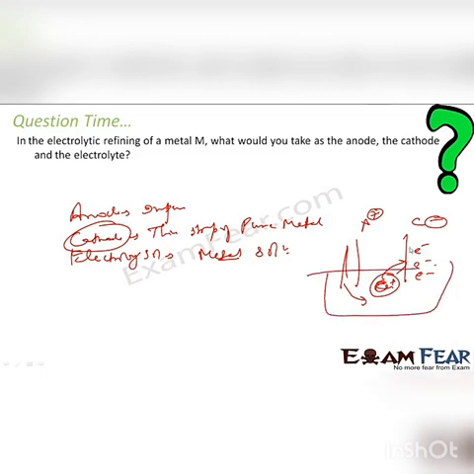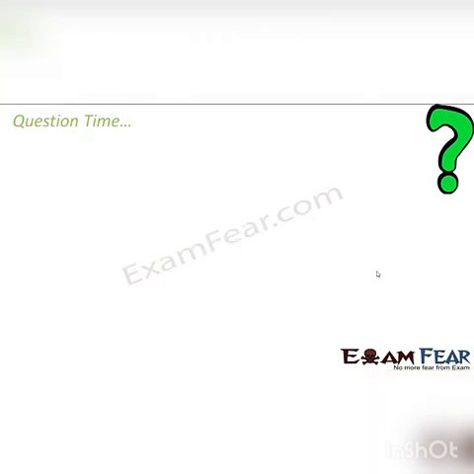That's why in cathode we use thin strip of pure metal, and in anode we use impure metal, and this solution we use is metal solution. Correct.